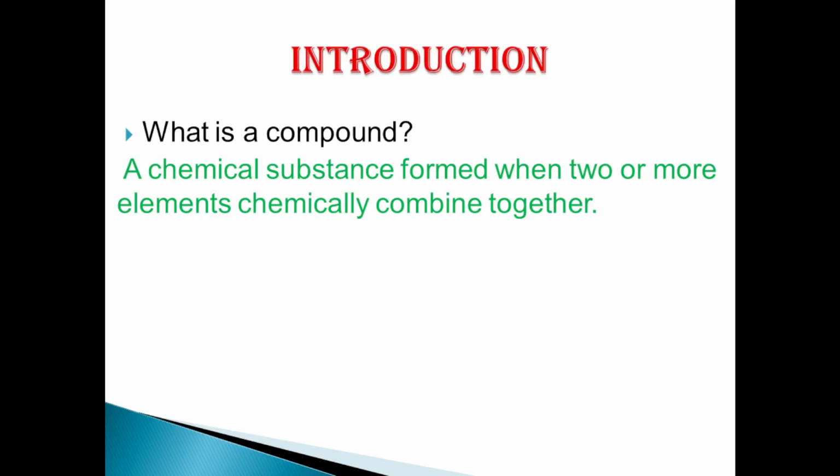The elements present in an alloy just mix together, but the elements present in a compound combine together. There is a chemical bond between the elements present in a compound. So by definition, a compound is a chemical substance formed when two or more elements chemically combine together. That means they can only be separated using a chemical method, not a physical method, using electrolysis in particular.